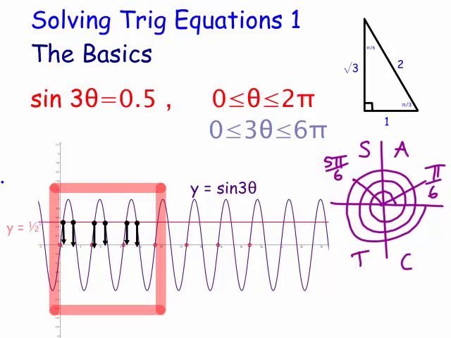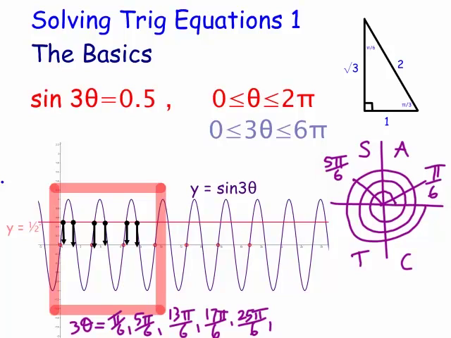Okay. 3 theta is equal to pi on 6, 5 pi on 6, 13 pi on 6, 17 pi on 6, and then add 12 to these, 25 pi on 6, and then 29 pi on 6.